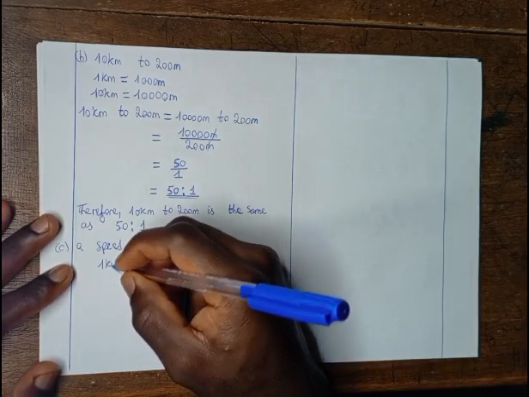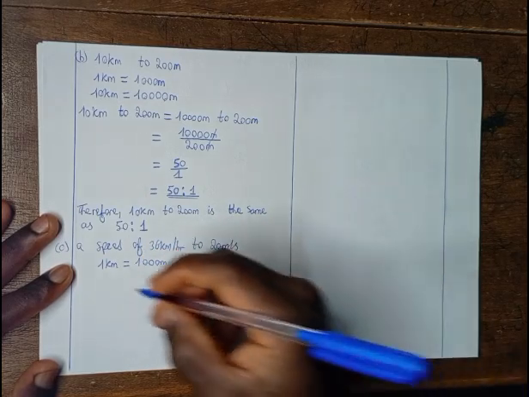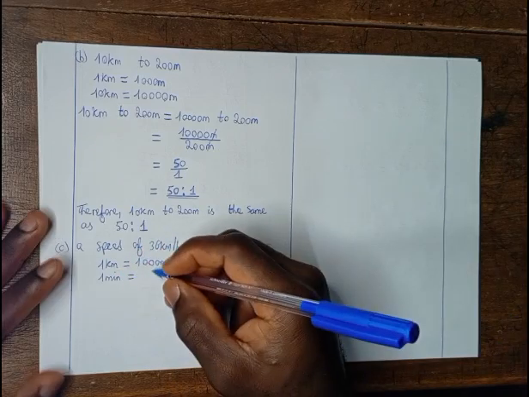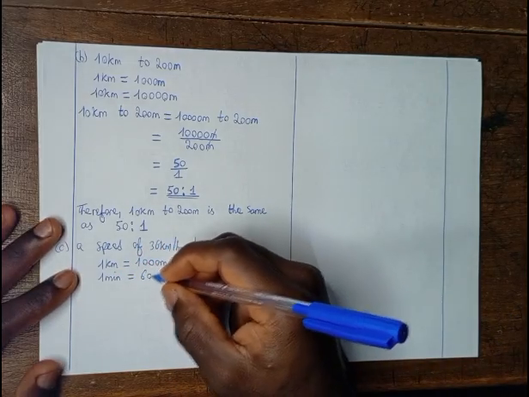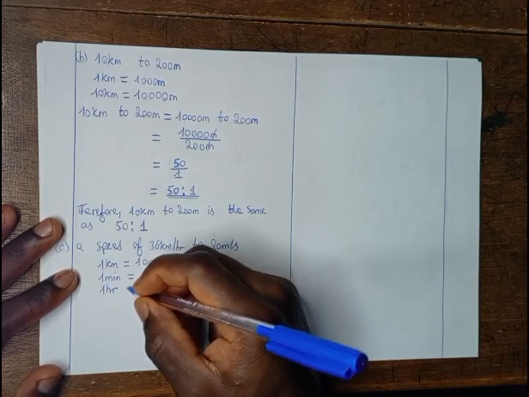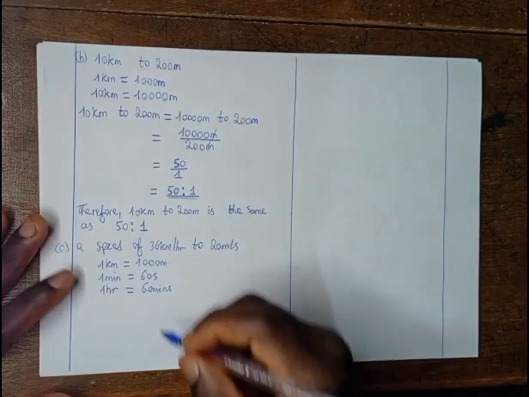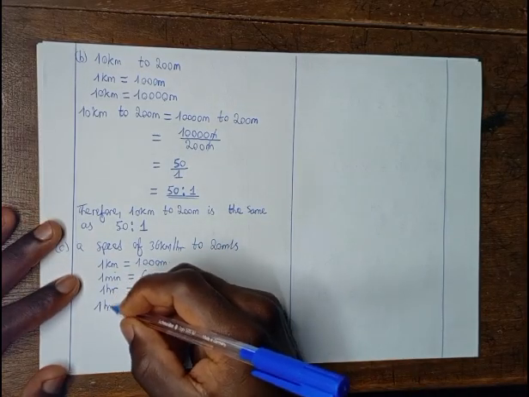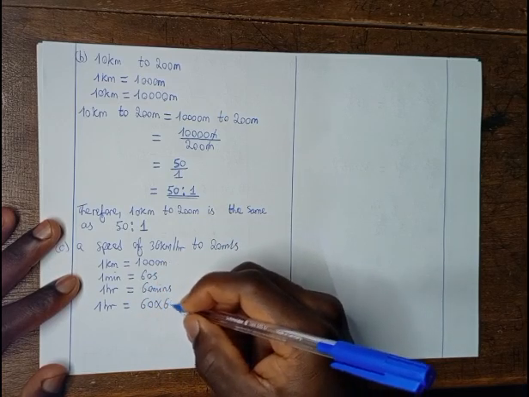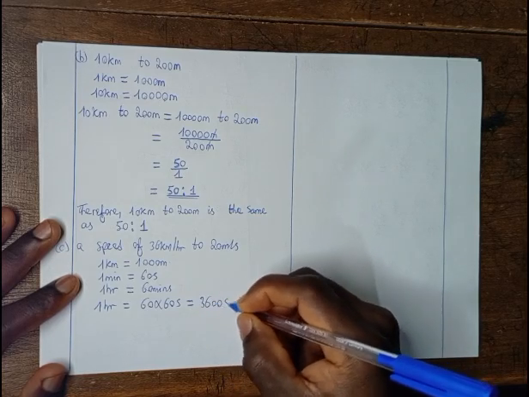First, we know that 1 kilometer is simply equal to 1000 meters. Next, we know that 1 minute is equal to 60 seconds. Next, we know that 1 hour is equal to 60 minutes. For us to get the number of seconds in 1 hour, it will simply be equal to 60 times 60 seconds. This will simply be equal to 3,600 seconds.